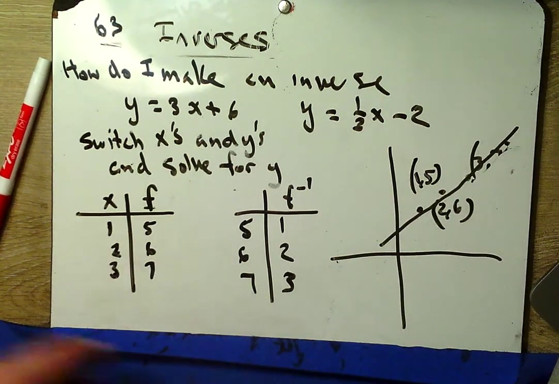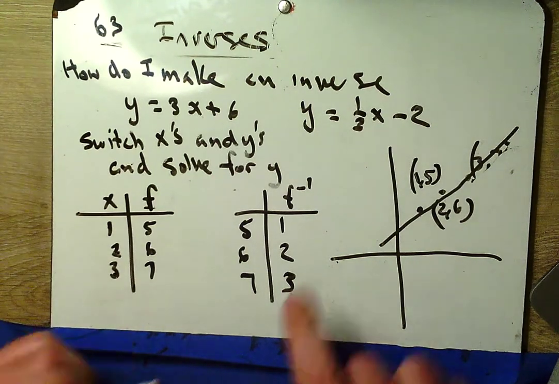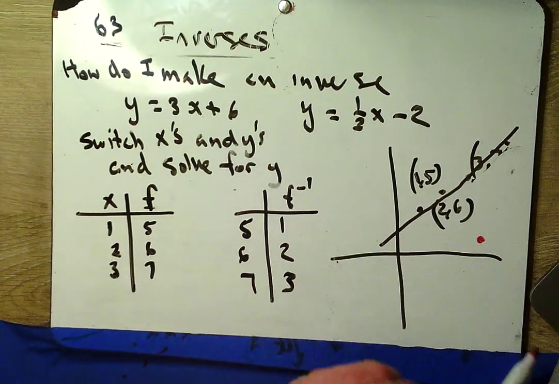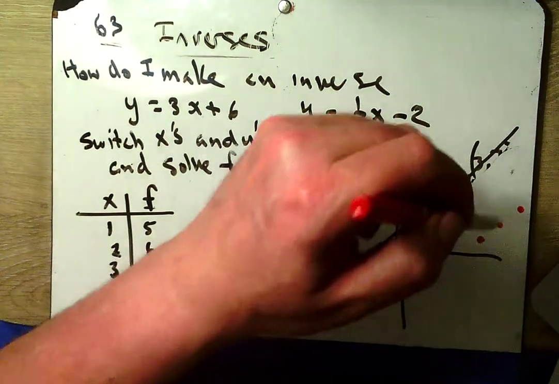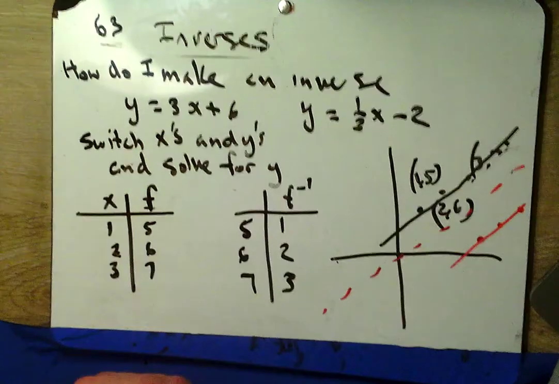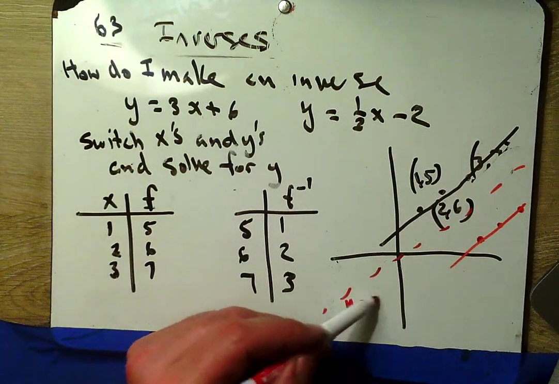And what points must be on that inverse? Well, the points that are going to be on that inverse are these. I'm going to have 5, 1. I'm going to have 6, 2. I'm going to have 7, 3. And what we're going to see is a reflection across the line y equals x.